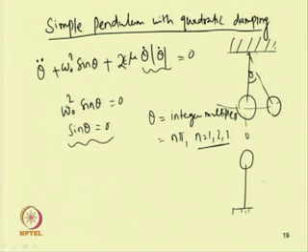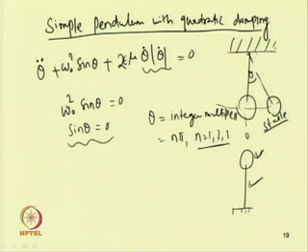In this case it can be shown that the system is unstable, and when it is in the downward position the system is stable. So, it is in a stable condition in the downward position, that is corresponding to even multiples of pi, and for odd multiples of pi this becomes unstable, as we have studied during our stability analysis.